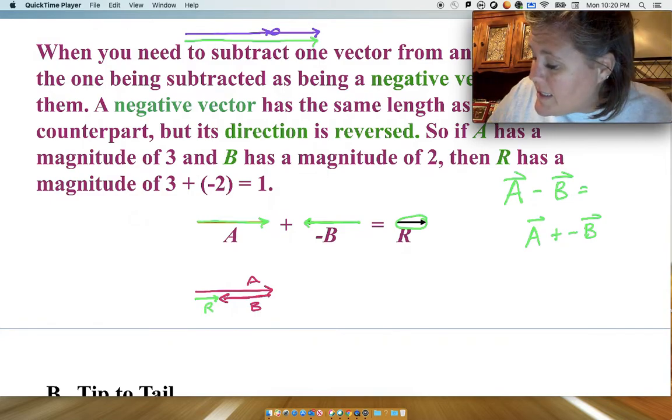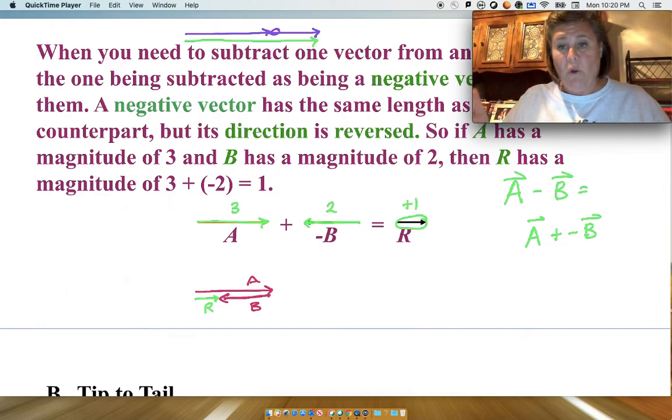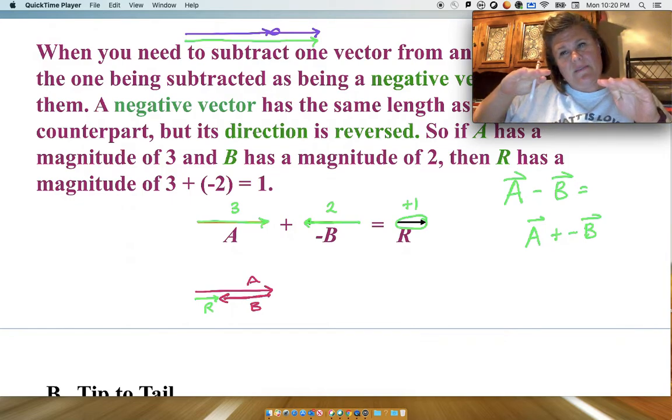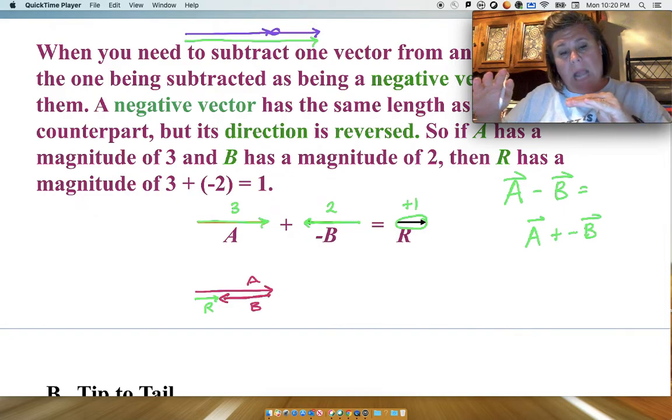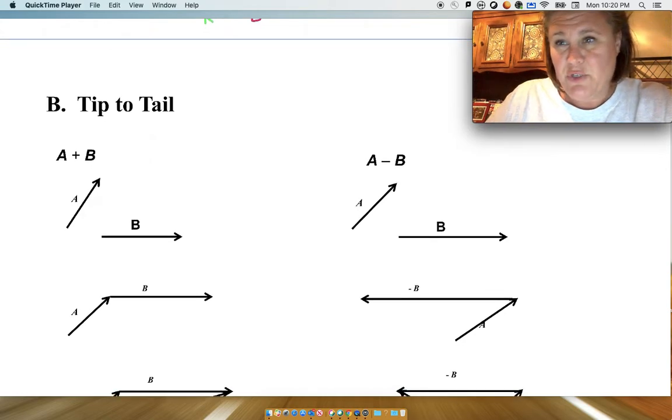So if this is 3 units and this is 2 units but to the left, this is going to be positive 1 unit to the right. Okay. So that's vectors in a single dimension. Okay, and notice we're adding them tip to tail, which we're going to look at here in just a second. So when we add vectors, we're going to use the tip to tail method.